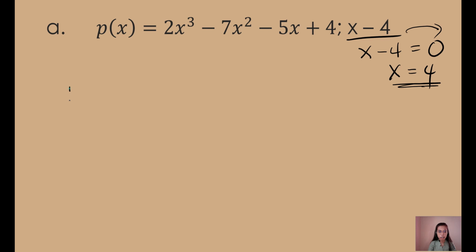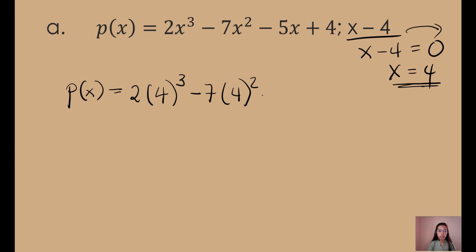So we have here p of x is equal to 2 times what is x, that is 4 cubed, minus 7 times 4 squared, minus 5 times 4, plus 4.